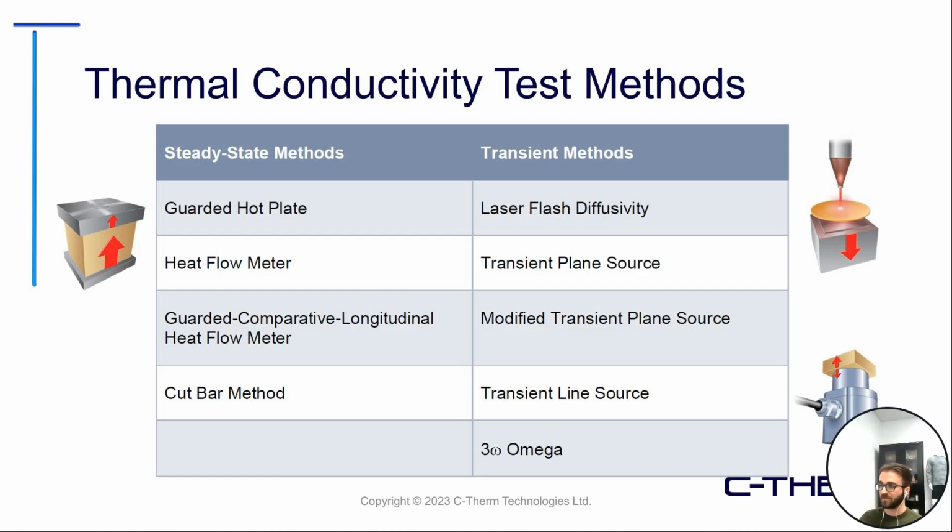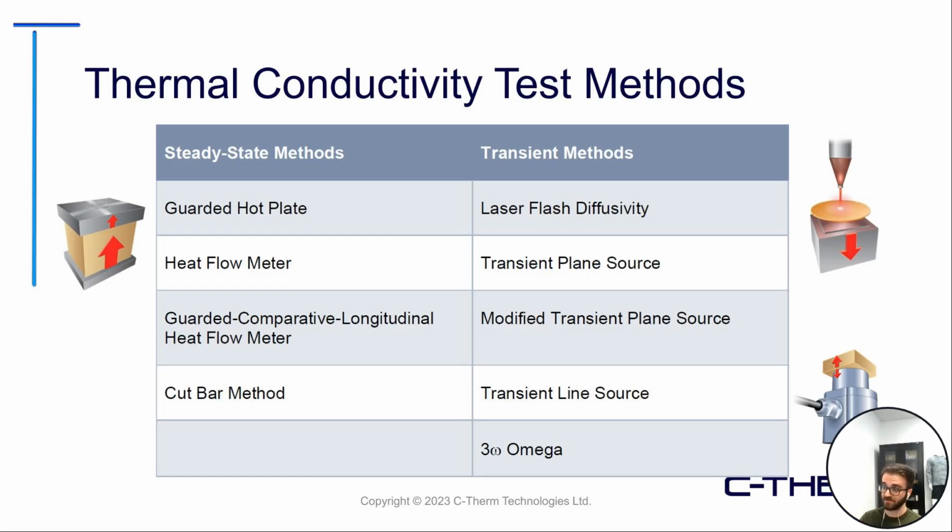At a very high level, we can break out the methods into two large categories: steady state and transient. So as we can see from the list, steady state includes methods like heat flow meters and guarded hot plates. We'll have a little bit of discussion on those, but of course, what we're really focusing in on here today are transient methods, and specifically contact-based transient techniques.